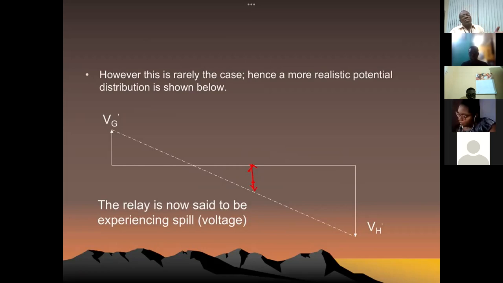So we have inductance, we have resistance, and depending on what we are protecting, we may end up with some capacitance. So the potential for transients or transient flux is increased. Now, the consideration is not so much about the capacitance, it's really about the inductance and the resistance.